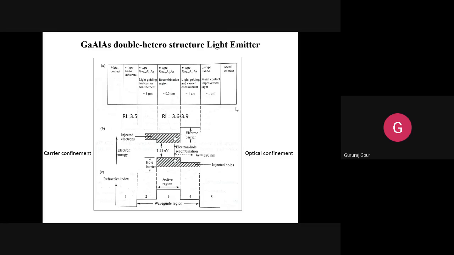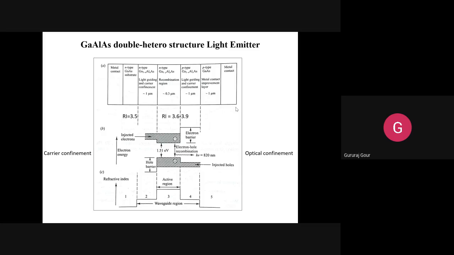This is a very important discussion we are having today, and one question is fixed on what we are discussing today, a very important point in module 2 and module 3. Its name is aluminum gallium arsenide, sorry for this. The double heterostructure LED, the right emitter.